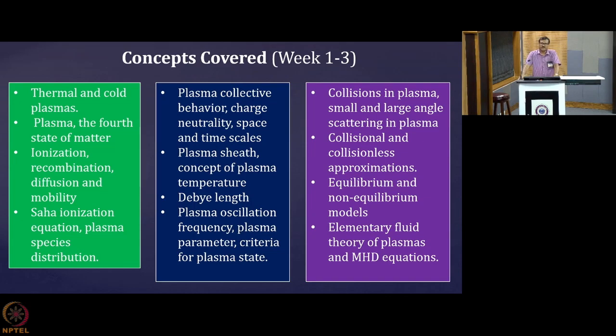Then we have also covered the collisions in plasma, small and large angle scattering, the collisionless approximation, the equilibrium and non-equilibrium models, then elementary fluid theory of plasmas and MHD equations.